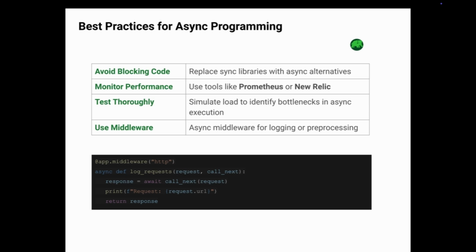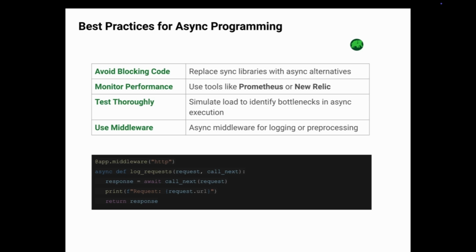Number one is avoid blocking code. Replace sync libraries with async alternatives. One of the most important things to remember when writing async code is to avoid blocking operations. That is the whole point of using async. We want to let other tasks run while we are waiting for something like a database query or an HTTP request.